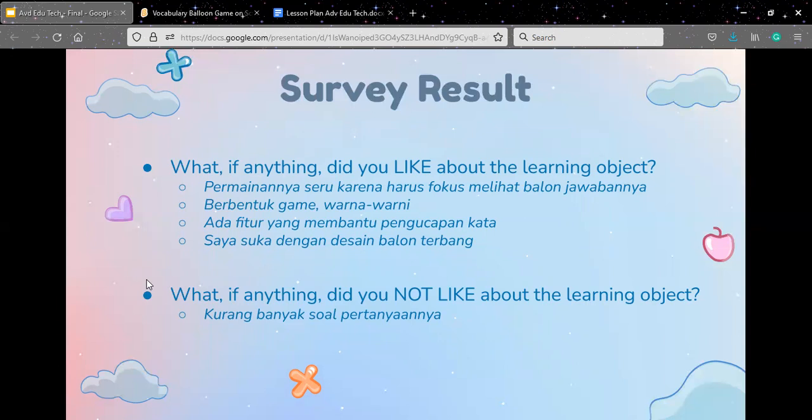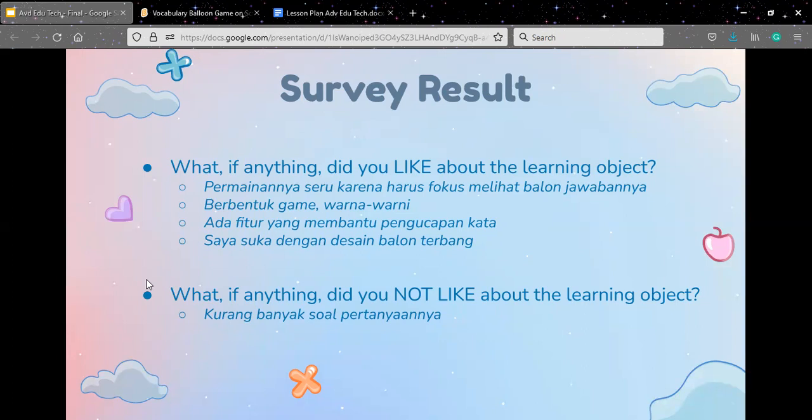They said that the game was fun and colorful, and they liked the balloon and the feature that can help them to pronounce the word, the speaker icon that I just showed you previously.